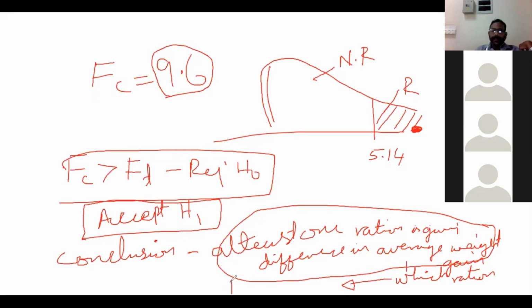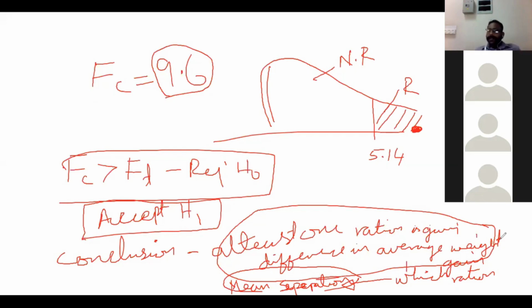So to answer which ration is giving more weight gain than which ration, we'll have to do a technique called mean separation.